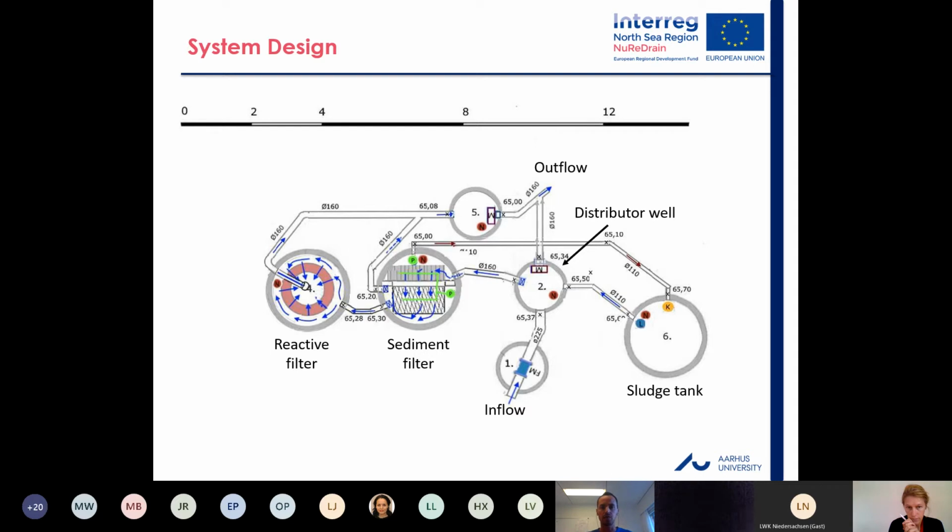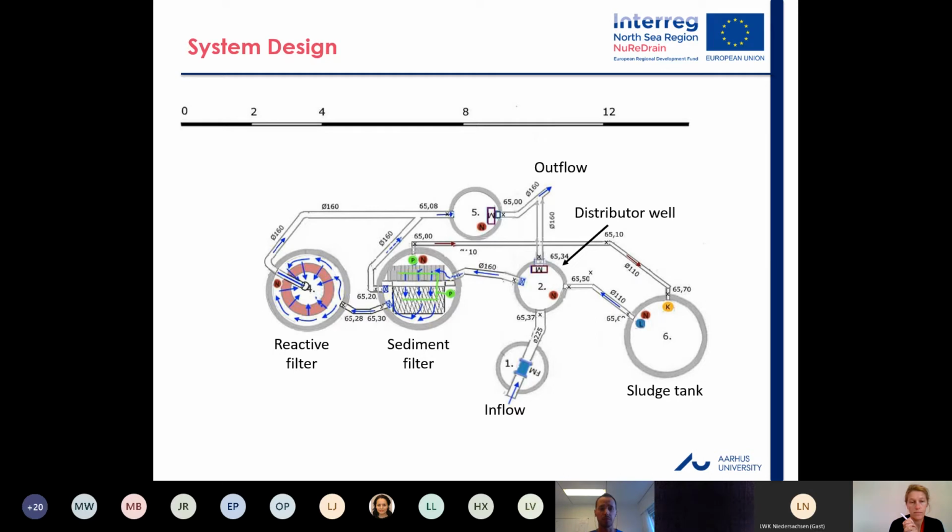From well 2, the water moves to well number 3, where the sediment filter is located. This is a 2 meter diameter well, and the main purpose is to remove the sediments and the particulate bound phosphorus.